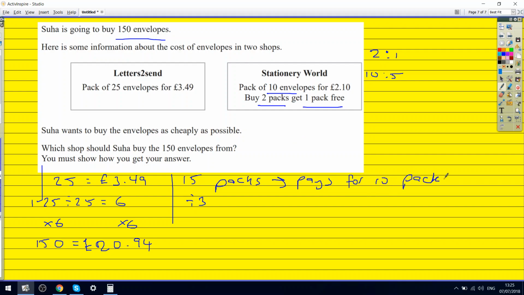Yeah, and then don't we need to now do £2.10 divided by 150? No. She pays for 10 packs. She pays for 10. So basically, she needs 15 packs of 10 envelopes to get 150. Yeah. So she buys 15 packs. Because she gets 1/3 of them for free, she buys 15 packs. She only pays for 10.